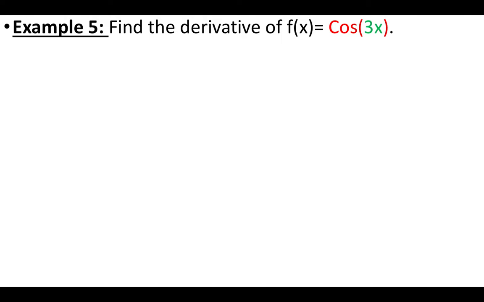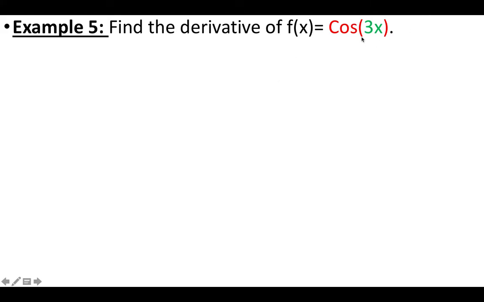Alright, let's go ahead and talk about some trig functions with chain rule. I want to mention that trig functions with chain rule end up being confusing every single year. Because right here, some students think this means cosine of x times 3x, and then they try to use product rule. That is very incorrect.